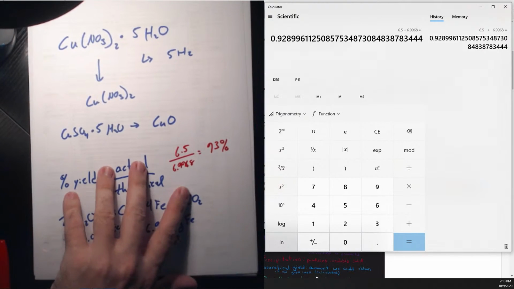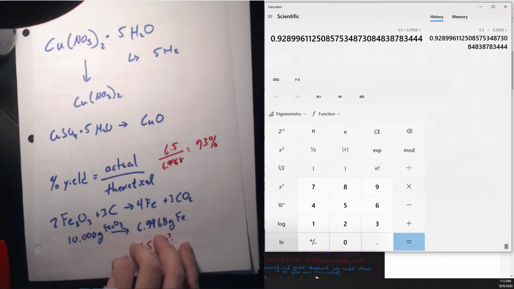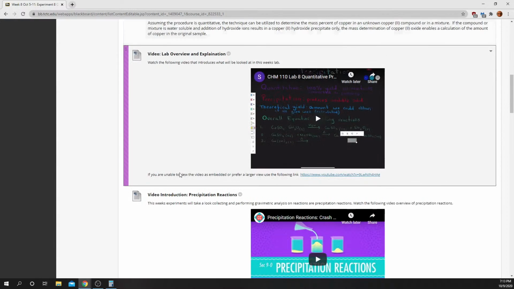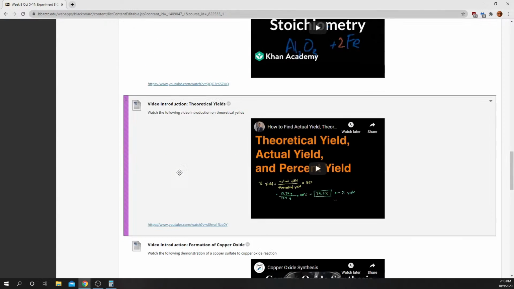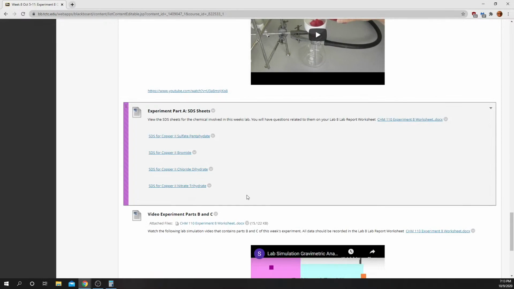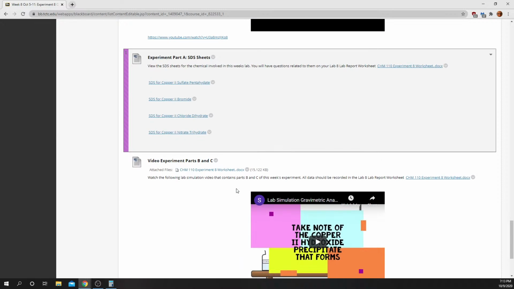So that's one of the things that's going to happen in this lab: you would do this reaction, you'd get some amount of your copper oxide, and you would find the percent yield. Then you'd take an unknown salt, and you would do much the same thing.